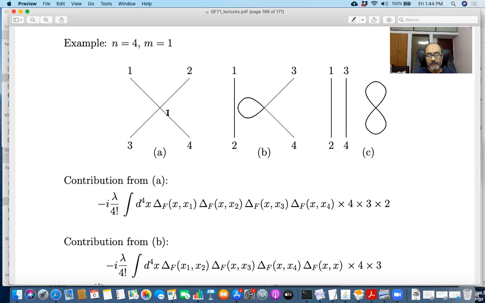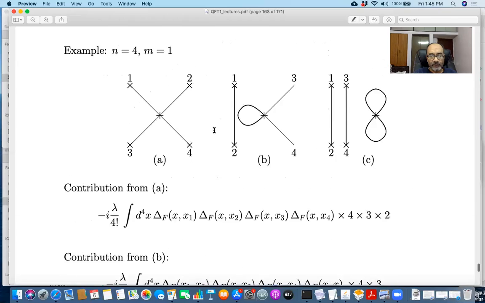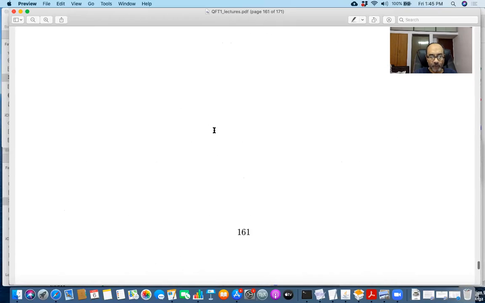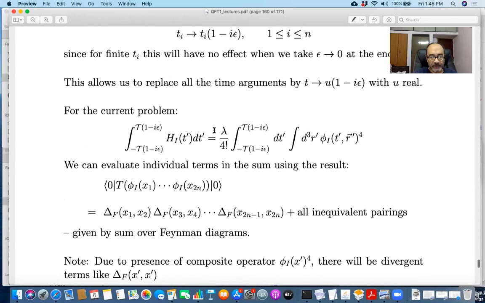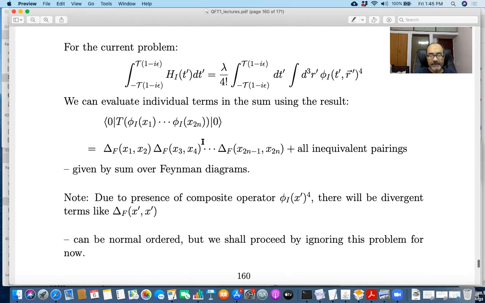And here that comes because the 4 lines that are coming out of this are all equivalent to each other, right? It doesn't matter if one connects to the first one or the second one or the third one or the fourth one, but they actually represent different terms in the expression. Because after all, we are applying this general formula, right?